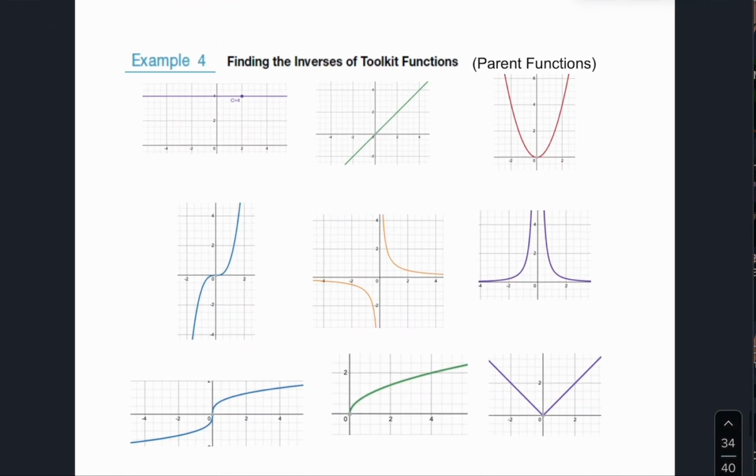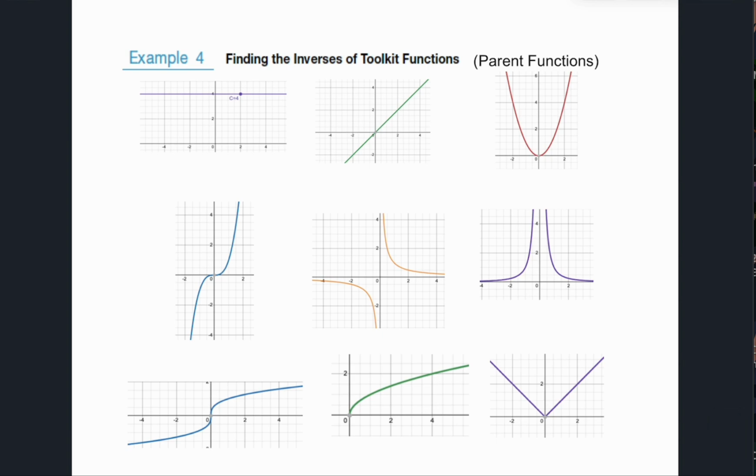Now let's talk about our parent functions and which ones have inverses and which ones don't. Now these are all functions, but we have to test for inverses whether or not they pass the horizontal line test. So a horizontal line does not pass the horizontal line test, so there is no inverse.